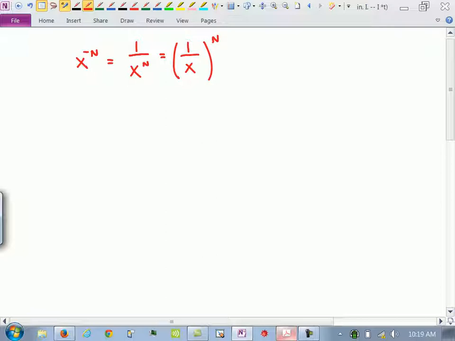All right, let me try and explain what this is saying. I'll help explain it by putting a specific example right underneath it. The blue is a specific example of that property that's in red.